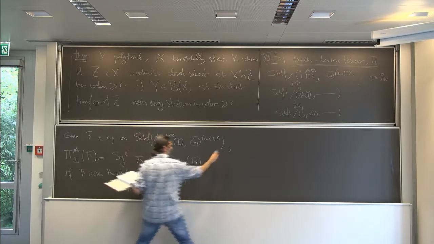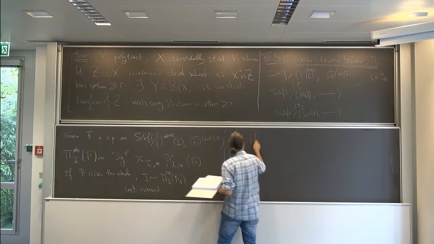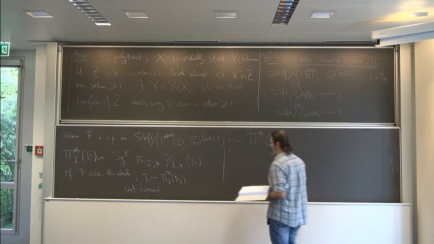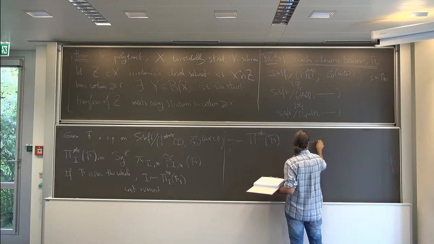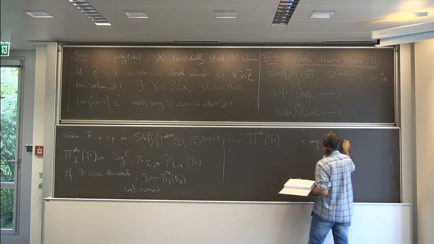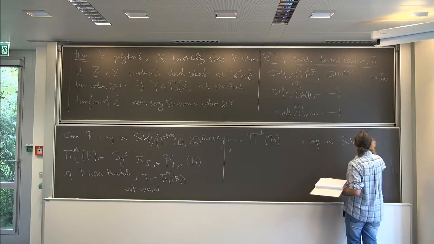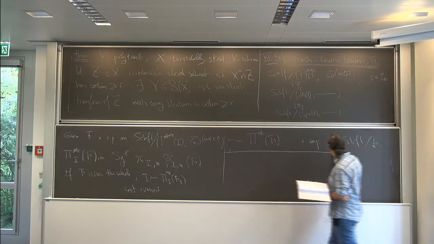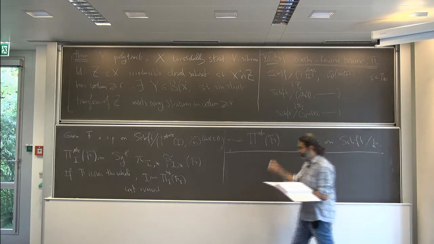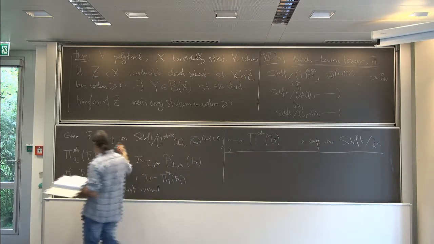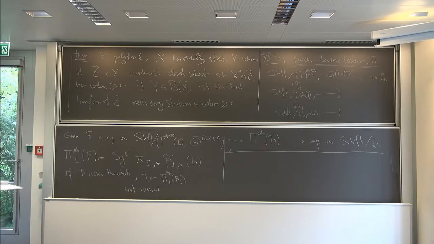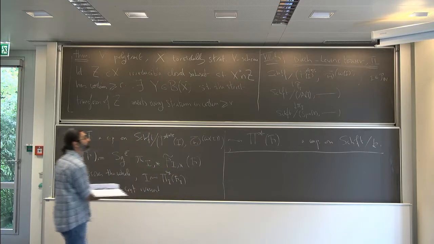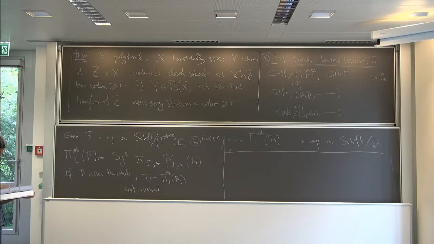And as usual, this can be used to get the complex pi star, a complex of presheaves on finite type schemes over K. That's just to remind you. So this is a construction that we have seen before, and now we want to modify this construction as I did in the case of just single schemes.